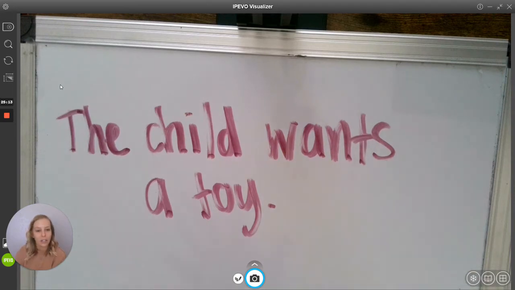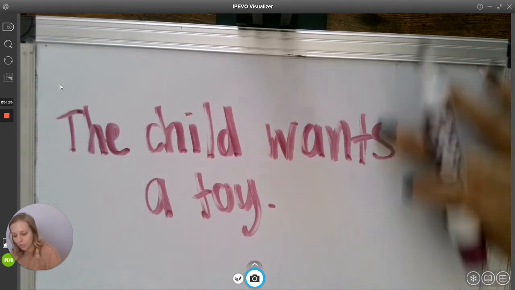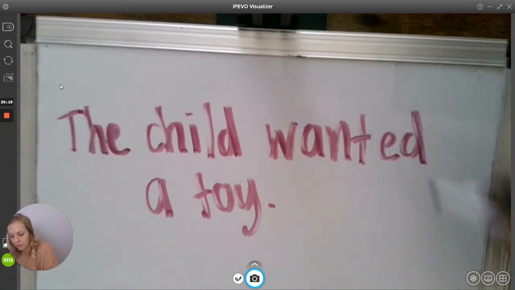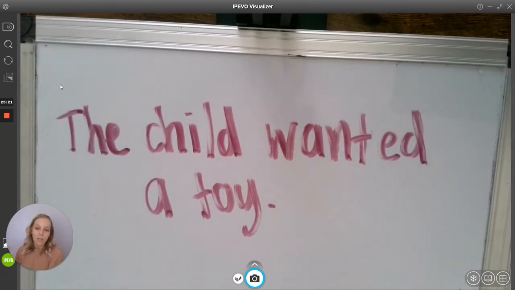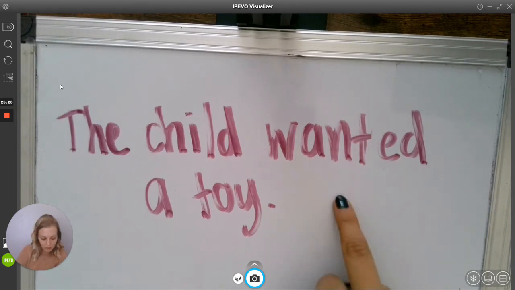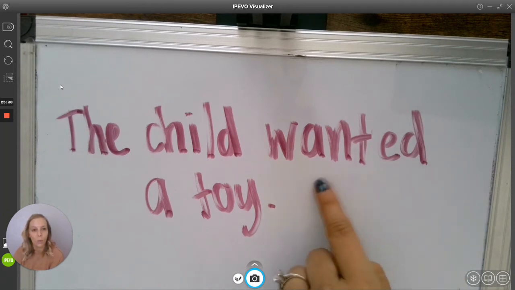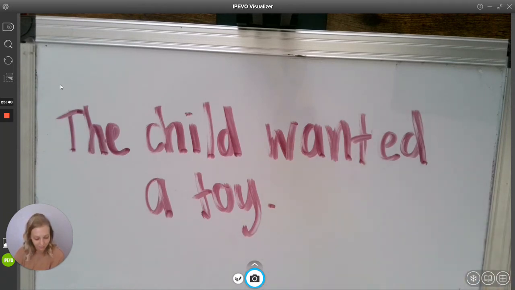We would change it to the child wanted a toy, right? Because I'm talking about past tense. What did we add to want to make it wanted? We added the letters ED and the sound for ED in this case is ed. Wanted. Good.